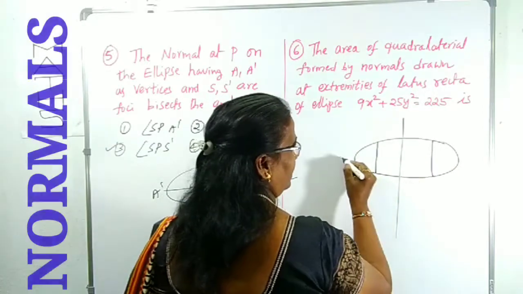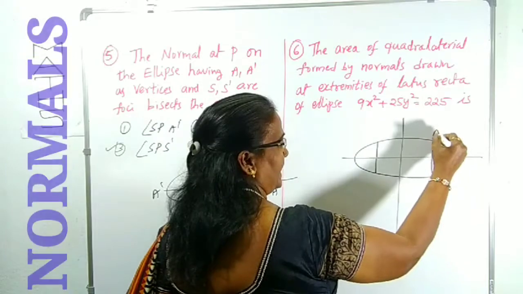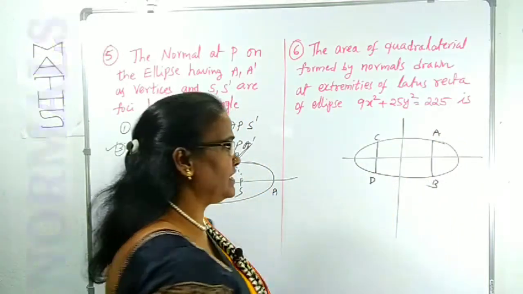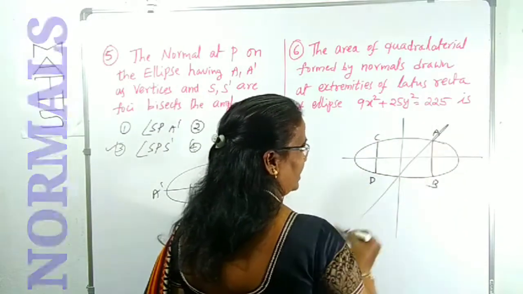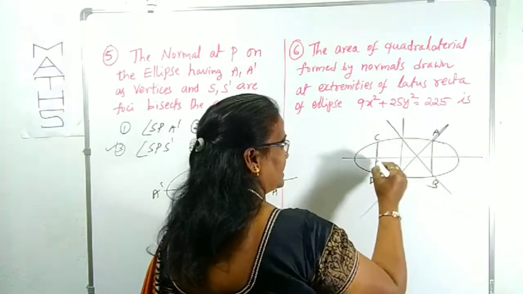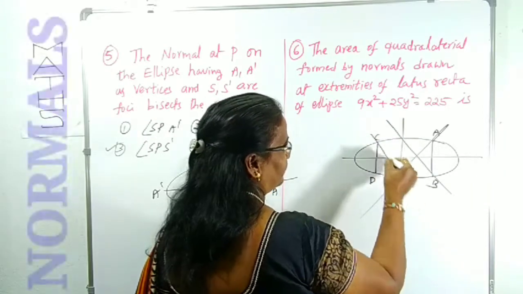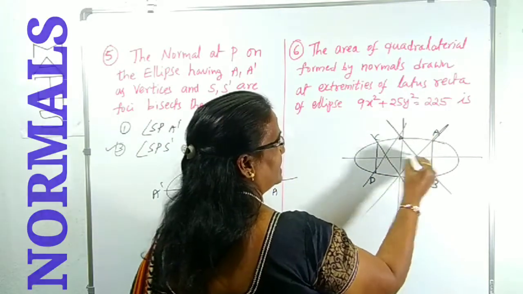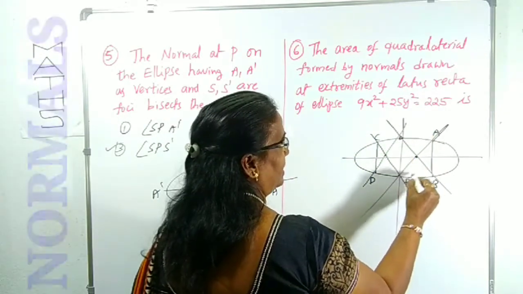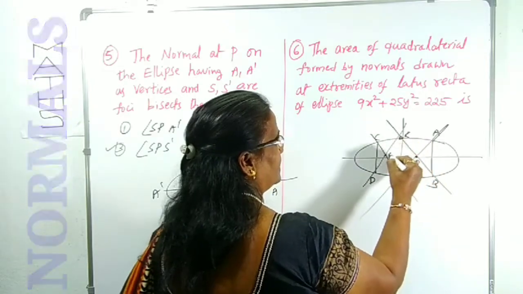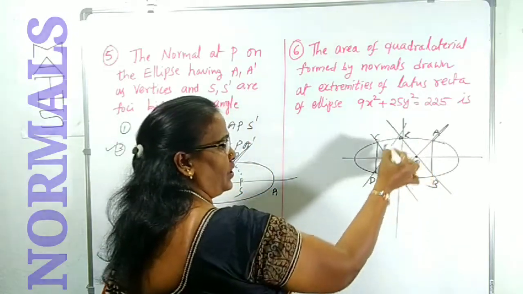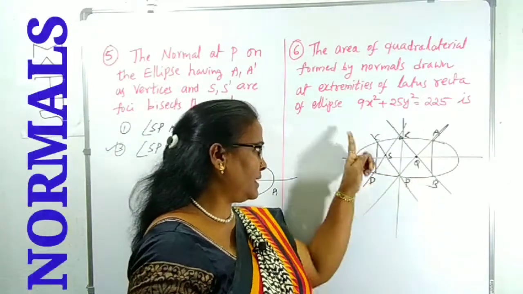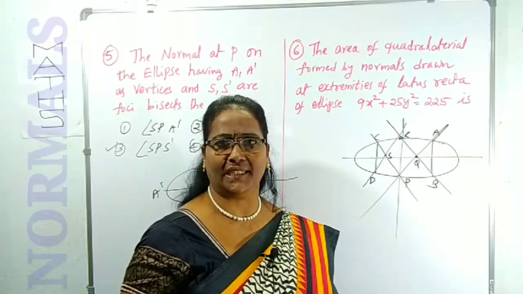There will be four ends of the latus recta, like A, B, C, D. We can draw the normals at A, B, C and D. All these normals meet at four points, P, Q, R, S. This PQRS is the quadrilateral formed by the normals drawn at the extremities of latus recta.